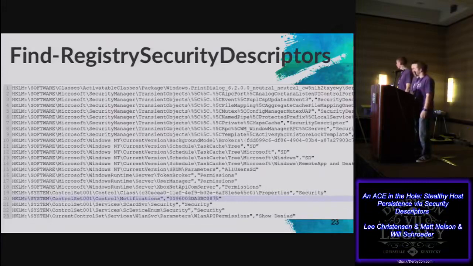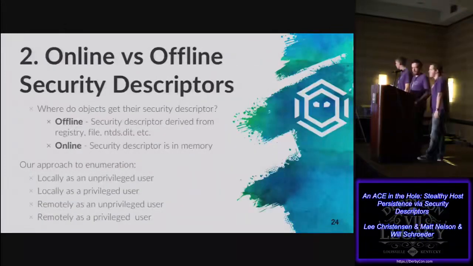I ran that throughout the entire registry, and it's really interesting to see how many security descriptors are stored there, and I personally didn't have a clue what they did. It's exciting in terms of research because you can dig into what those are actually used for and whether or not you can use them. This is just an example of some of those security descriptors I found there, but I found thousands and thousands when I ran it.